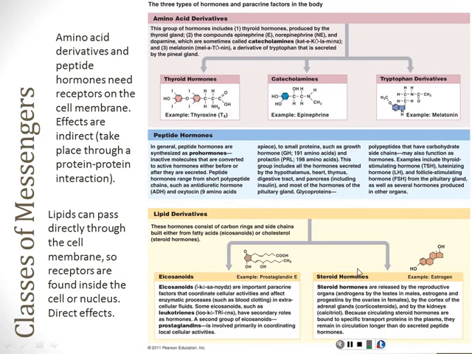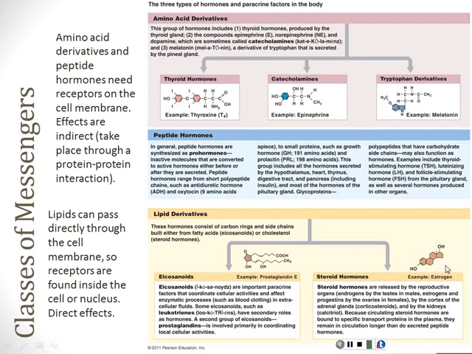A much more commonly referred to group is the steroid hormones. Now, the steroid hormones actually start their life as cholesterol, which is a lipid that has kind of this complex ring structure that you see here. But the cholesterol is modified to become the steroid hormones. These are hormones that you've heard of. So estrogen, testosterone, progesterone, cortisol, those are all steroid hormones.